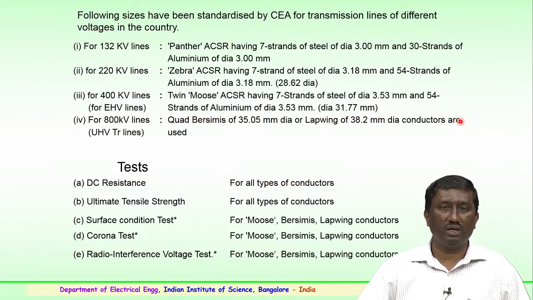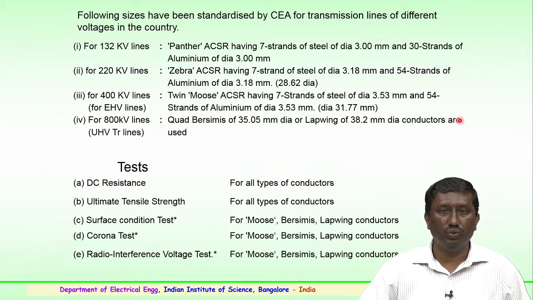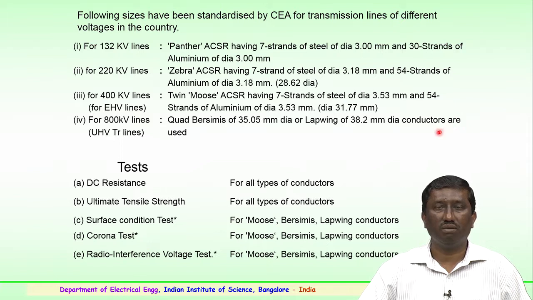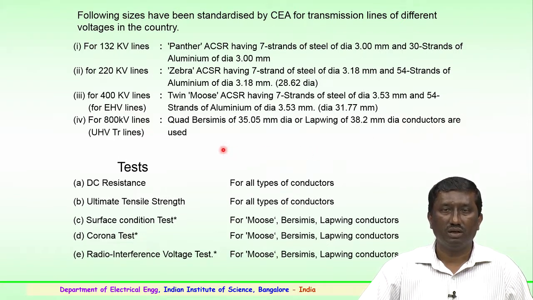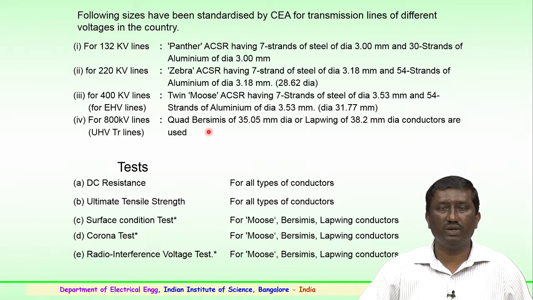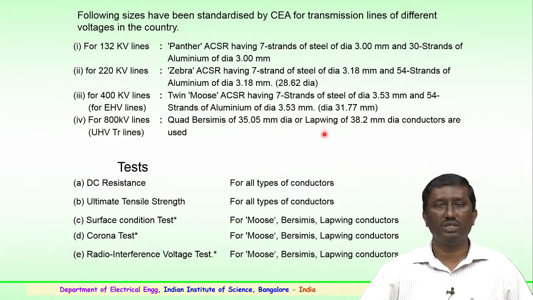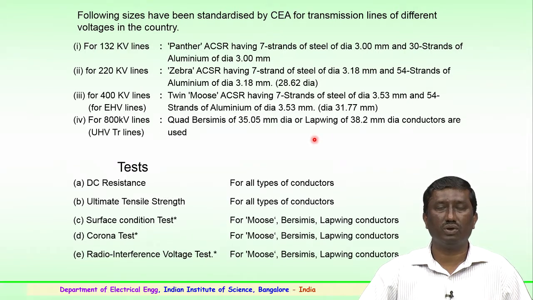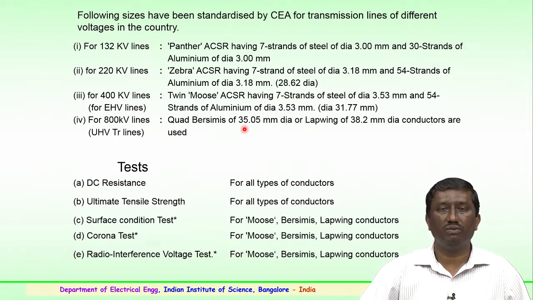For further EHV and UHV transmission lines, the conductors are Bersimis, again the name of a conductor, or a Lapwing or a Bull. So, these are the conductors which are being used for ultra high voltage transmission. Typically, the overall dia of the Bersimis conductor is 35.05 mm.